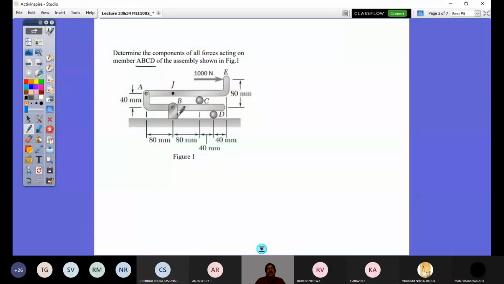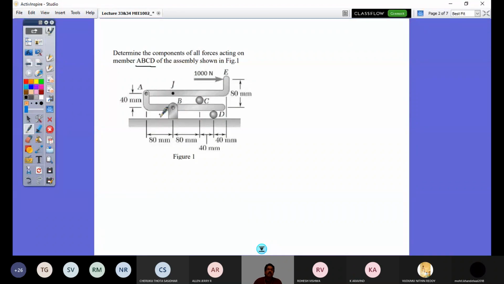And if you look at how many unknowns there are, if I do not collapse at B, there is a simple support, so it's a hinge support. At D, there is a roller support if I do not remove C. So for the entire frame, I could solve for the unknowns Bx, By and Dy without dismembering.